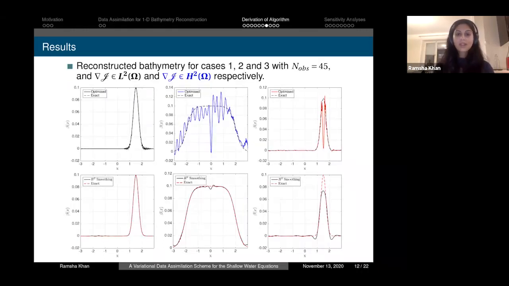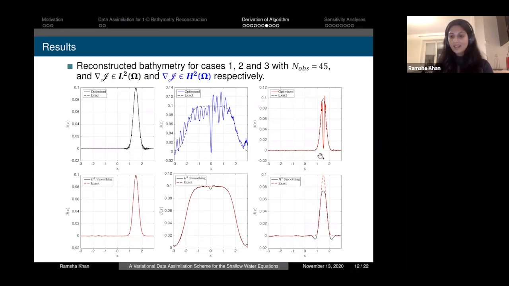So this is a comparison of the reconstruction of the bathymetry in each case, where the top 3 represent the reconstruction when our gradient is in L2, and the bottom 3 is when our gradient is in H2. As we can see, there's a big difference, especially in the sandbar profile, where a lot of the noise disappears, and especially at the base of the Gaussian in the Gaussian bathymetry.